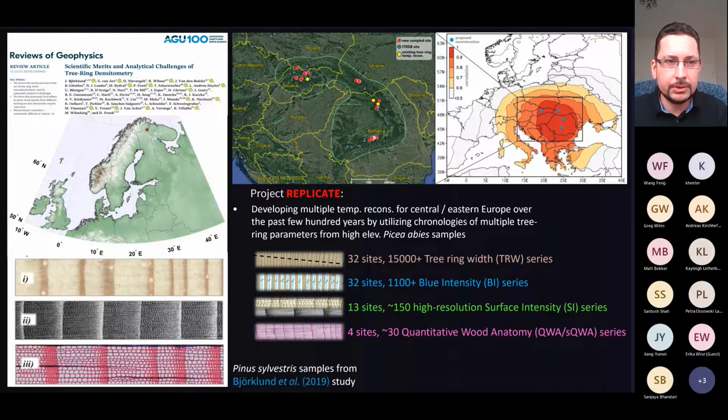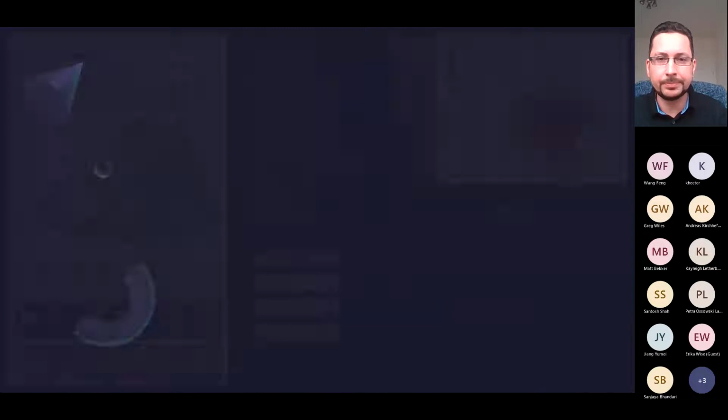But I'll also give some examples using samples that were originally used in a study that Jesper and co-authors, other colleagues, were involved in, using samples from a specific site in Finland that was extensively analyzed using different parameters in different labs around the world. So there's a good benchmark and a lot of data that we can compare with as well.